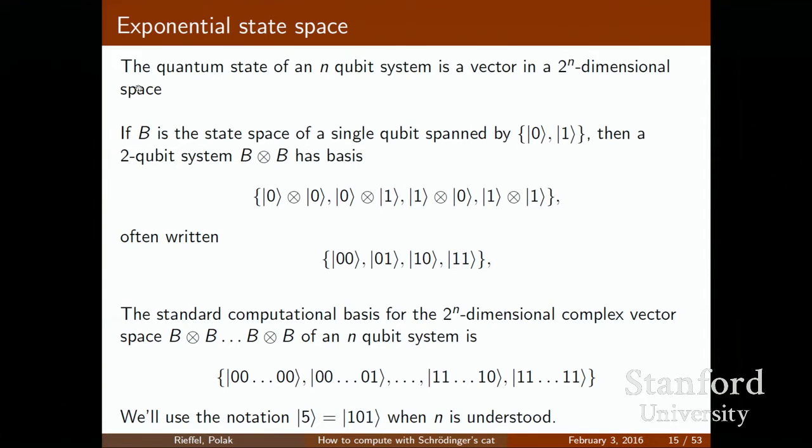So we would write this as the basis for the 2-qubit state. And in general, an n-qubit state would be a 2 to the n dimensional vector space, and we label the basis vectors by the 2 to the n possible bit patterns of the n qubits. And if we know n, it's clear how long these vectors are, so we can actually write the decimal value of this bit pattern.